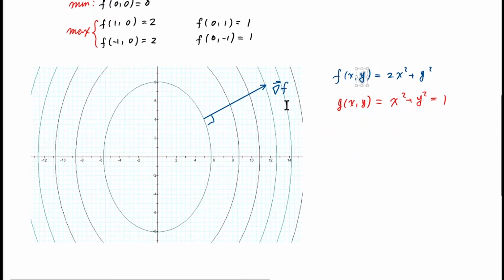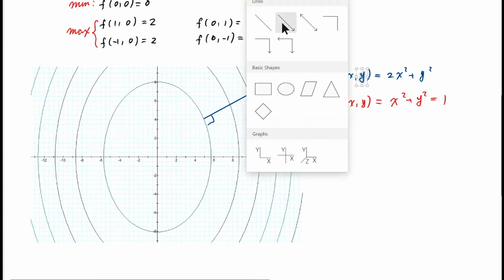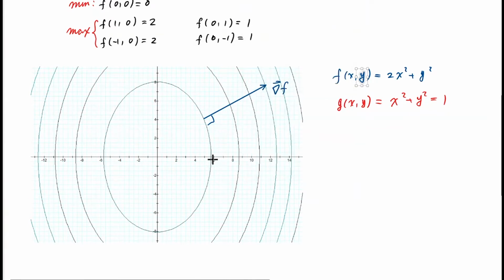Okay, now, so gradient of f will point that way, in that direction. Good. Gradient of f at this point, then will point in this direction. Good.